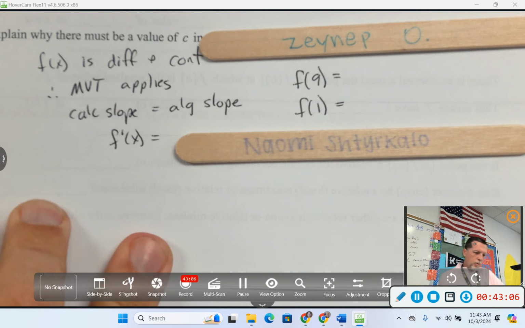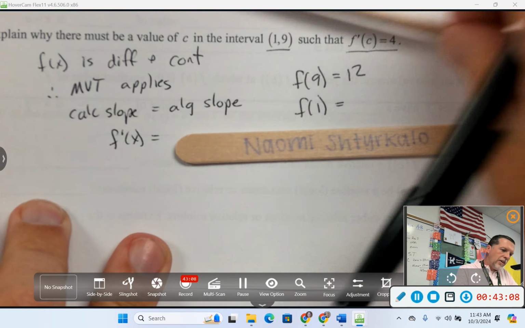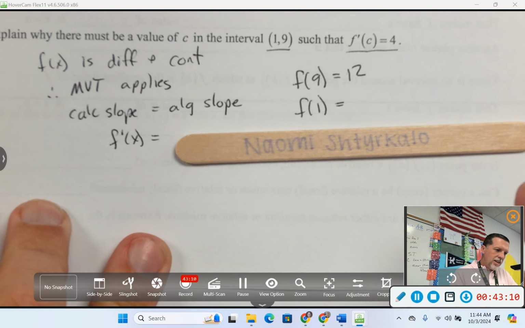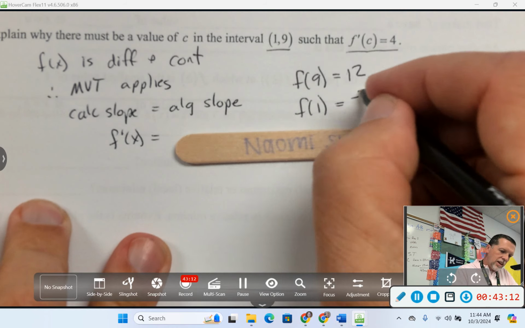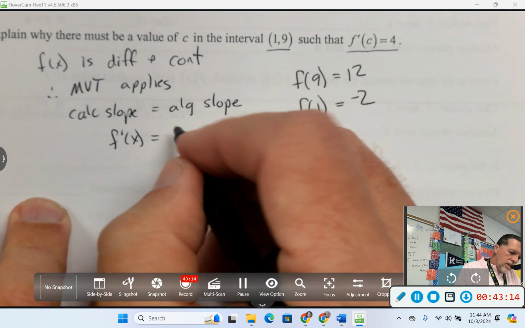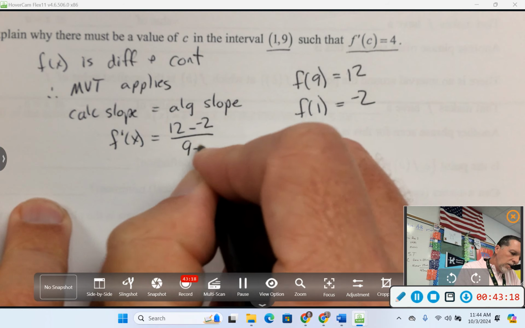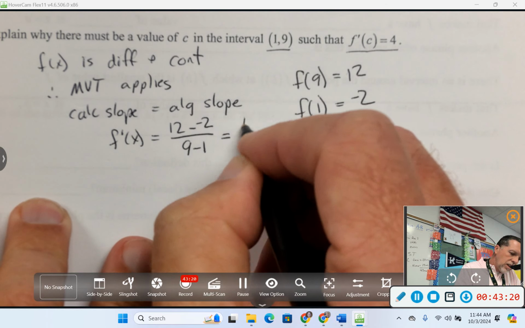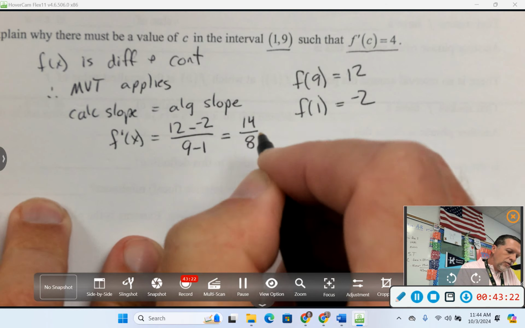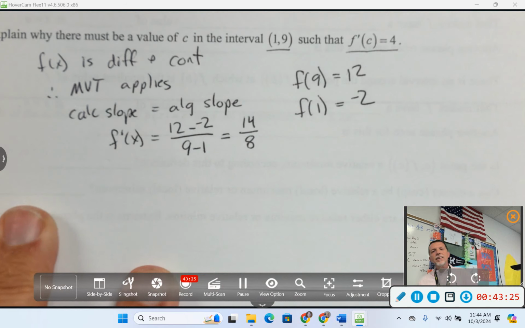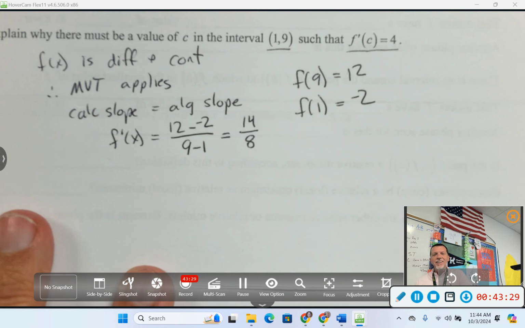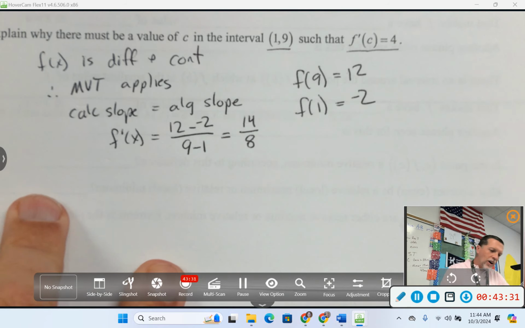F of 9 is 12. And Naomi, f of 1 is negative 2. So 12 minus negative 2 over 9 minus 1. Wait a minute, 14 over 8. What was I expecting to get here? 4.